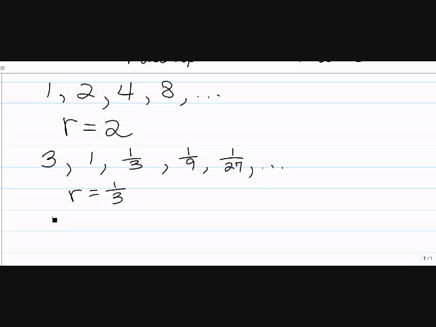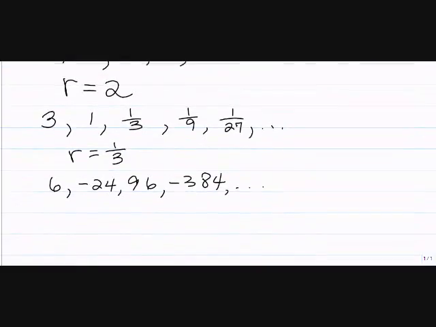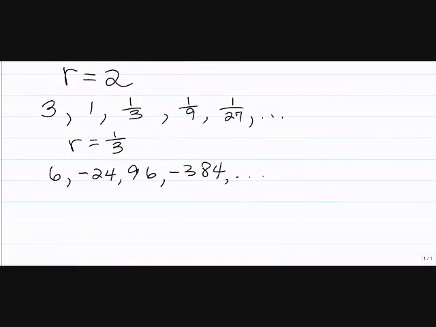Give you one more example: 6, -24, 96, -384. Now, let me try to find the common multiplier. I think I know what it is, but if you're having a hard time finding these multipliers, here's a method for doing it.